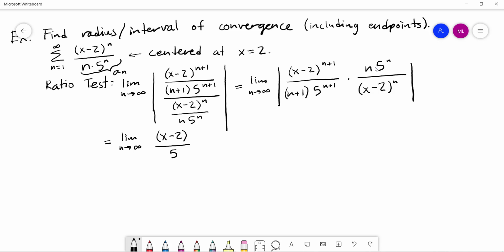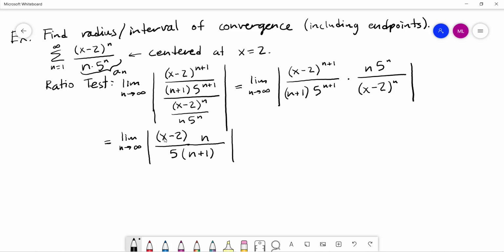And then lastly, the n and the n plus 1. There's no simplification I can do with those. Simply, it's going to be n on top, n plus 1 on the bottom. And we've got our absolute value symbols. So that's what this thing simplifies to in this case. Again, the n terms here are never going to be negative. It's really just this term that I need to worry about being negative.